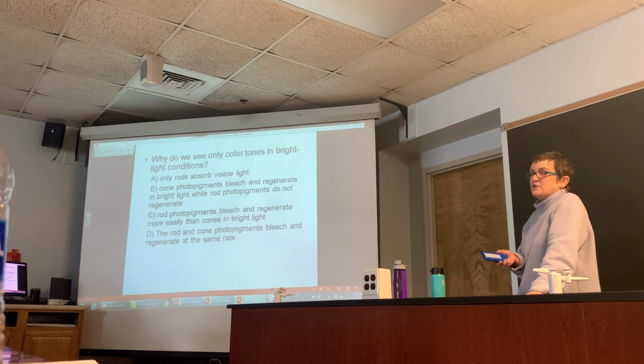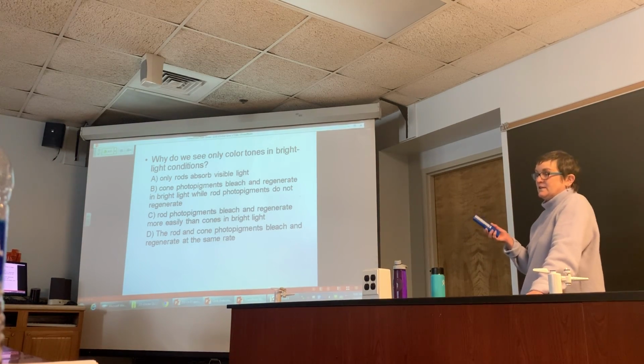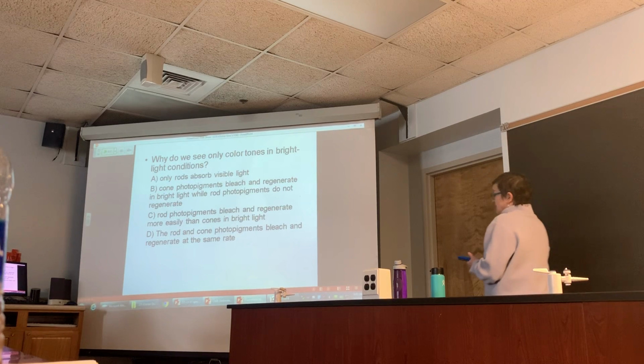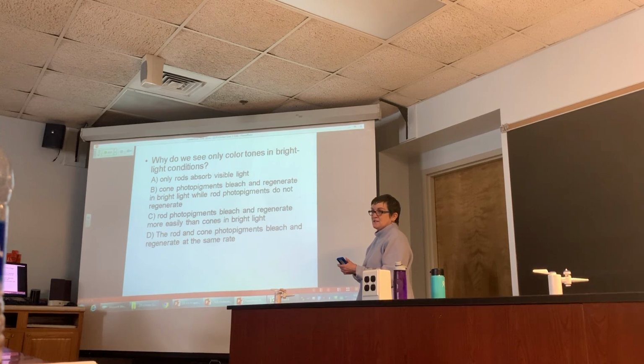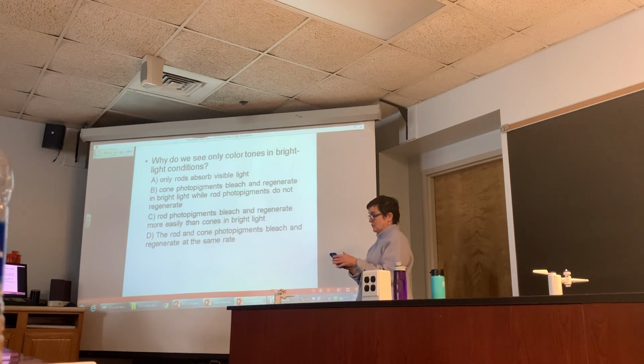Cones can bleach and regenerate during bright light conditions, so they're active under bright light, and they can see color. They're able to regenerate very quickly, so they can remain active even under bright light conditions. But during low light conditions, there's not enough light to activate them, so they don't respond to low light. That's why when you're in the dark, everything's black and white or gray.